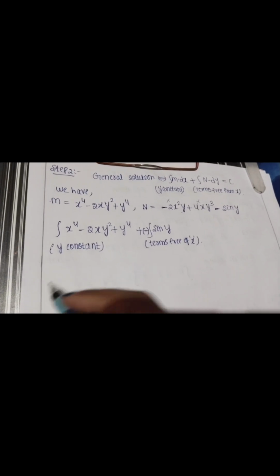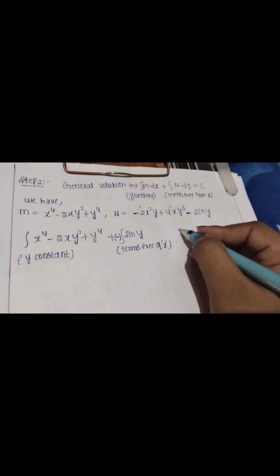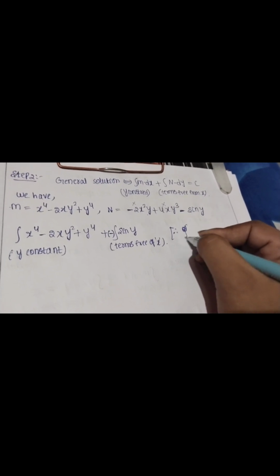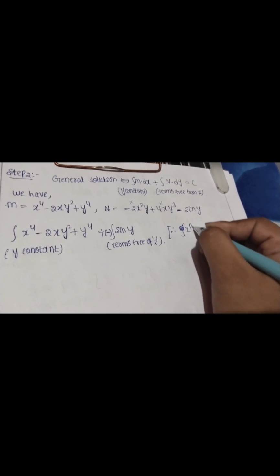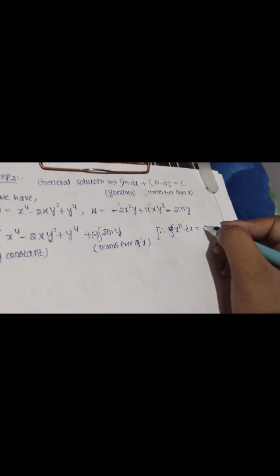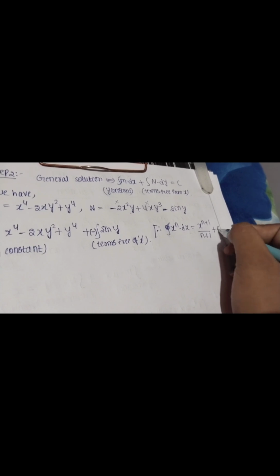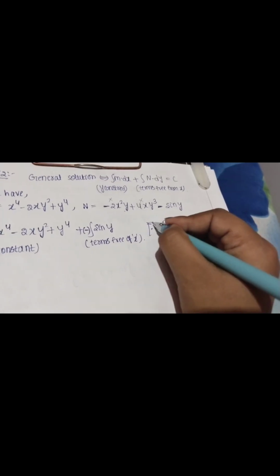Now let's further simplify it. Here we follow a formula: the integration of xⁿ dx equals xⁿ⁺¹ divided by n plus 1, plus c. This is the formula we use here.